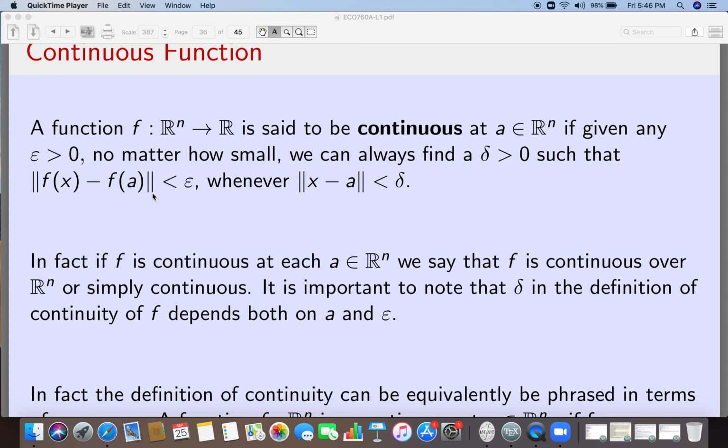It will be the absolute value of f(x) minus f(a) less than epsilon. That means f(x) is in the epsilon neighborhood of f(a) on the real line. That's it.